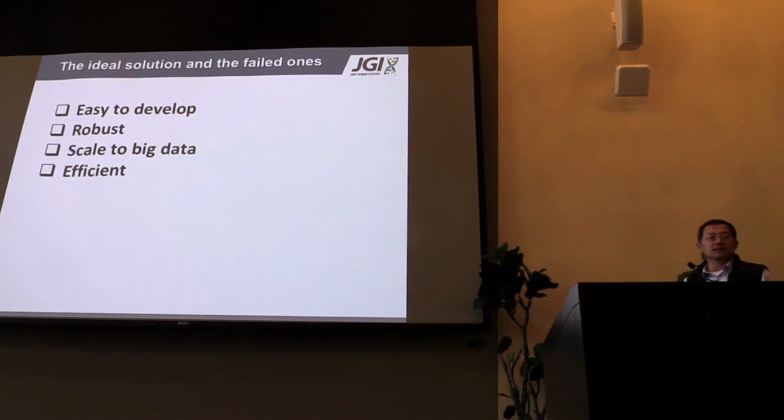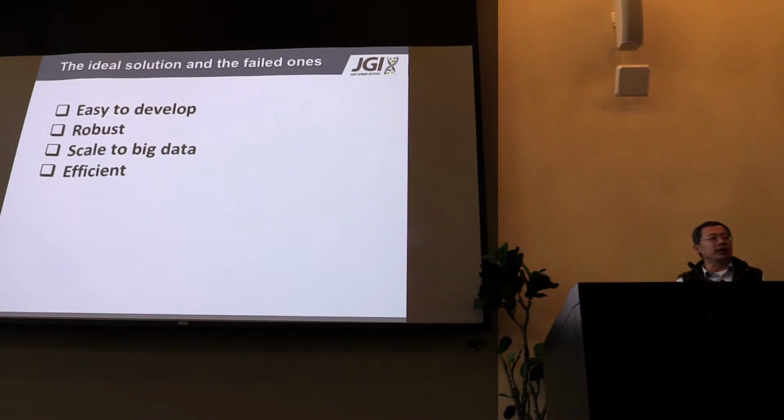Since 2009, I started to think about this problem. At that time, we had very few options compared to what we have today, but we knew what kind of solution we wanted. Because technology evolves so fast and science can't wait, we put ease of development first, partly because we are a genomic lab and it's very hard for us to retain very good software engineers, especially in the Bay Area.